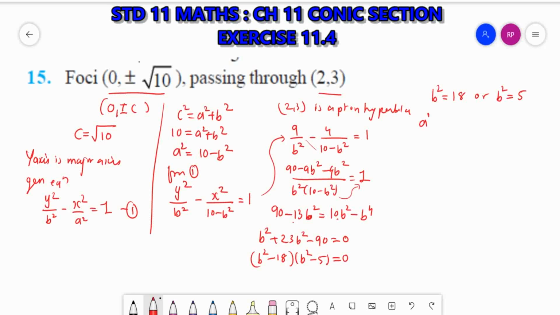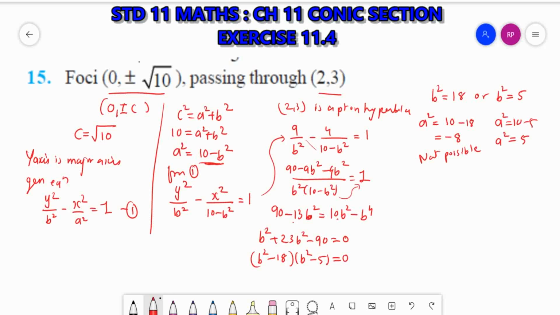So what will be a square? It's given 10 minus b square. So this is 10 minus 18, that is equal to minus 8. It cannot have a negative value, so not possible. A square cannot have a negative value. In the other case, a square will be equal to 10 minus 5, and that is also equal to 5.